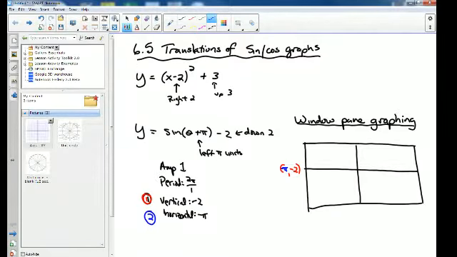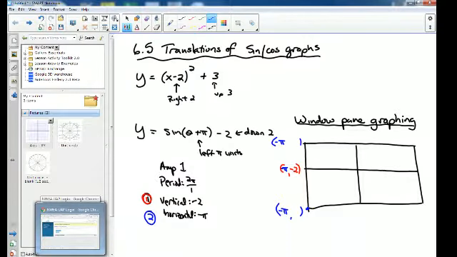So that means this, negative pi something, and this is also a negative pi something. So your x values are all negative pi's. Horizontal translation.